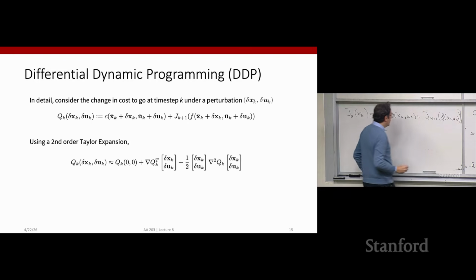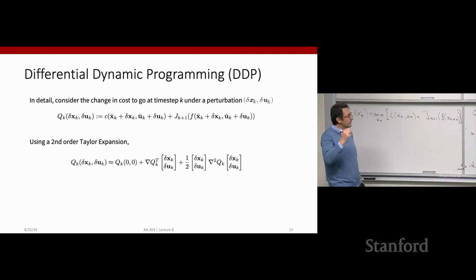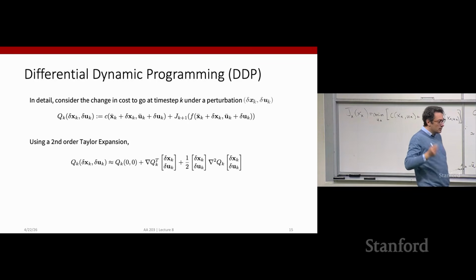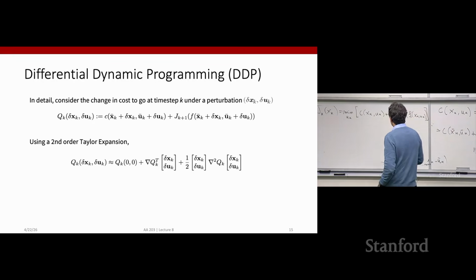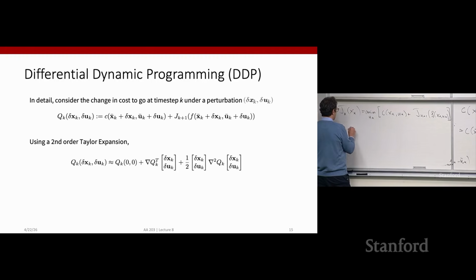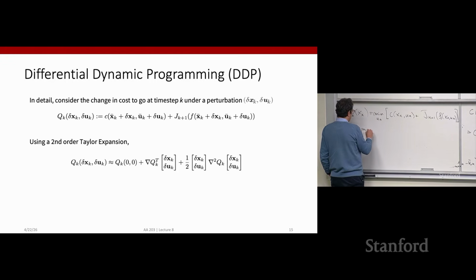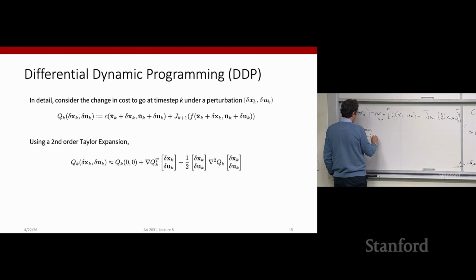So this is the Bellman equation. This is equal to the minimum over u_k plus delta u_k.